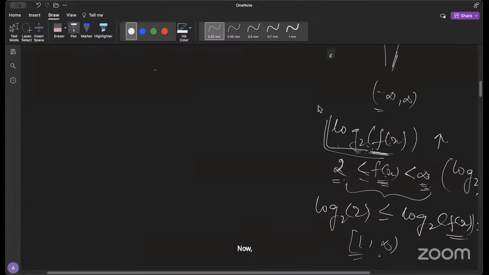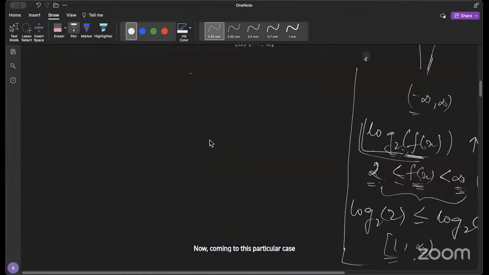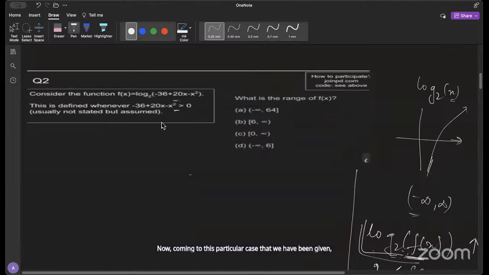Now coming to this particular case that we have been given. You've been given this function, minus x square plus 20x minus 36.